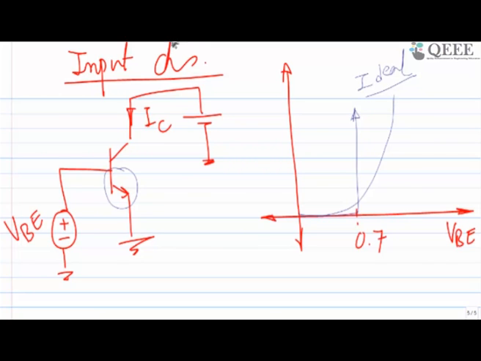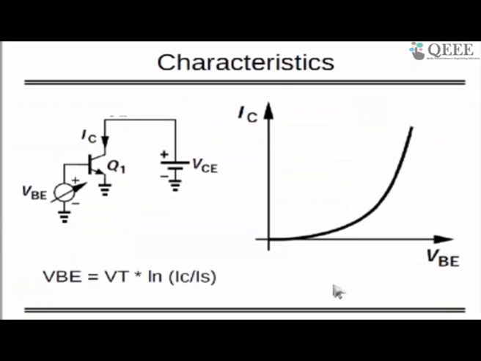Some people may ask how to find this cut-in voltage. You can find the cut-in voltage by drawing a tangent to this curve, and wherever it cuts the axis, you declare that voltage as the cut-in voltage. So this was the input characteristic, and from the given equation you can find it.